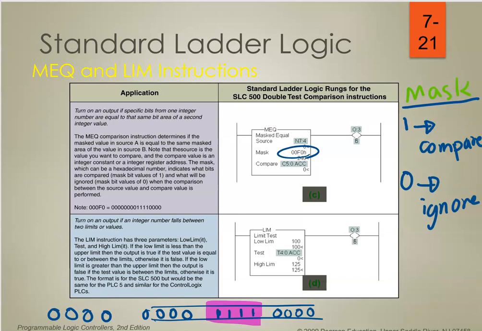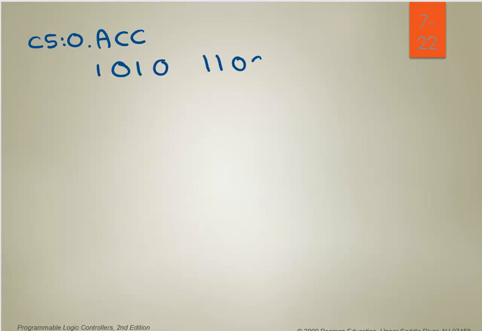Let me show you that with an example. Let's assume that our accumulator value, the counter C5:0.ACC, has a value equal to 1010 1100 0001 0001.